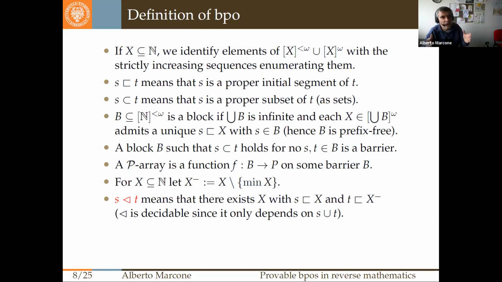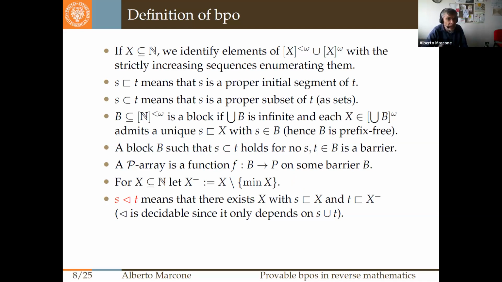Let me just say that 1, 3 is in the triangle relation with, say, 3, 4, 5, which in turn is in the triangle relation with 4, 5, 6. So we have from 1, 3 to 3, 4, 5 to 4, 5, 6, but it's clear that 1, 3 is not in the triangle relation with 4, 5, 6. So this triangle relation is not transitive, except on singletons.